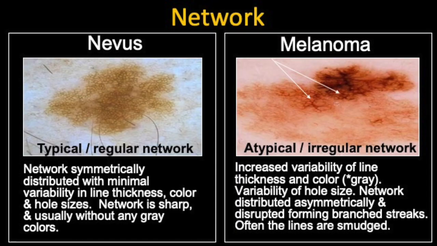So the definition of an atypical network depends on the lesion that it's in. If the entire lesion was made out of this and all of this was this, it would be regular. It's irregular because the quality of the network here and here and here and here is different, and it's kind of haphazard the way it's distributed as opposed to a more homogeneous distribution of the network, okay?